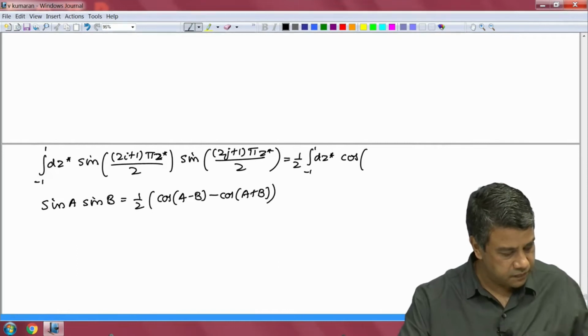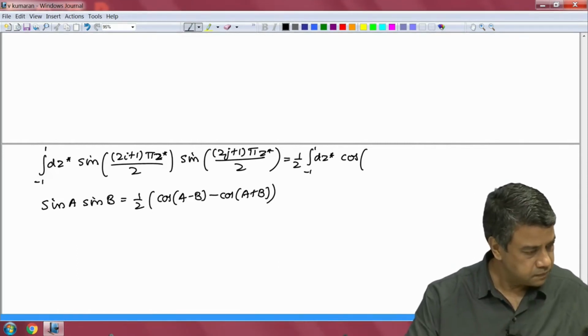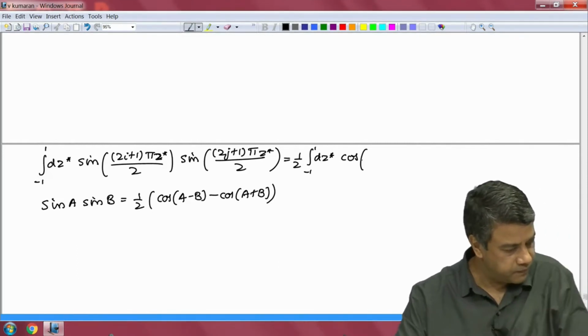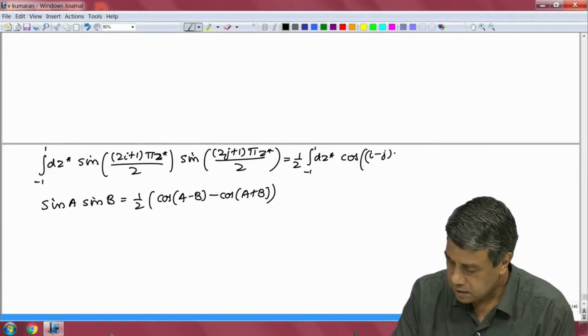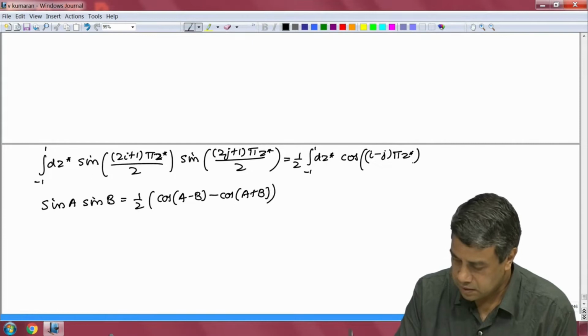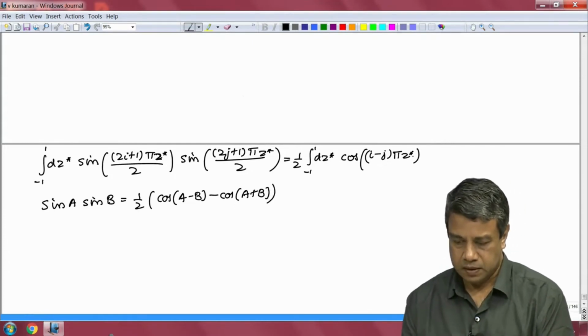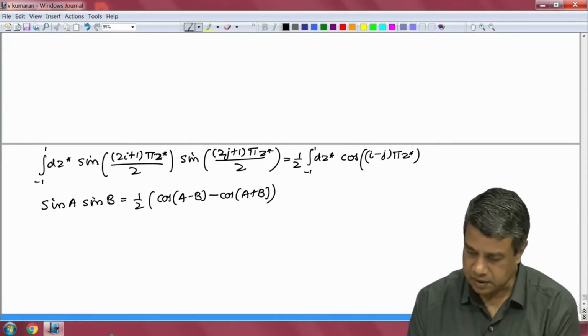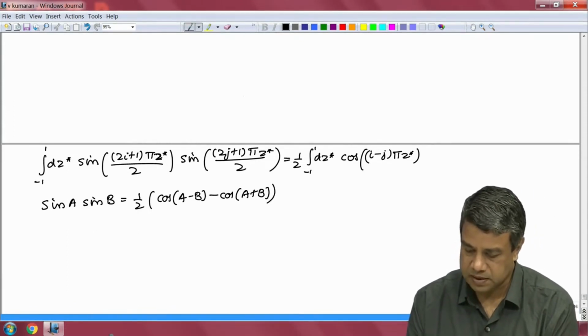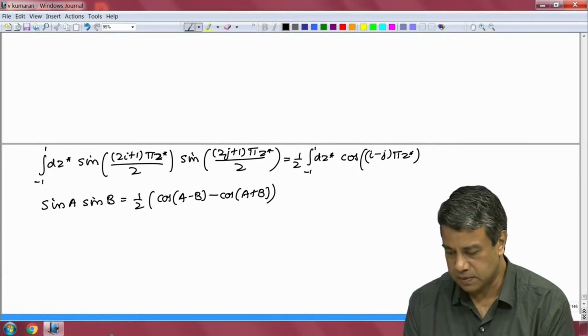Cos of A minus B. I will take (2i plus 1) pi z by 2 minus (2j plus 1) pi z by 2.